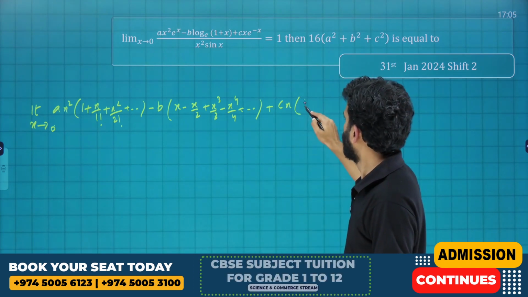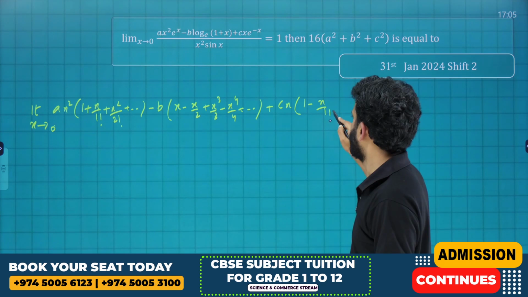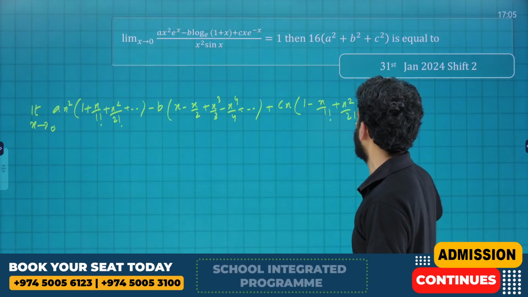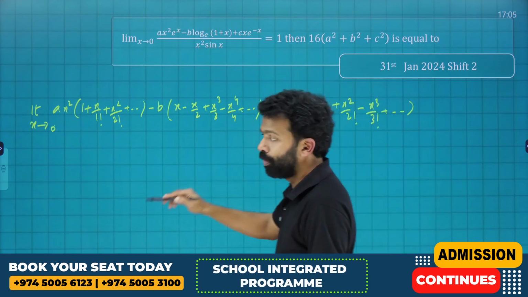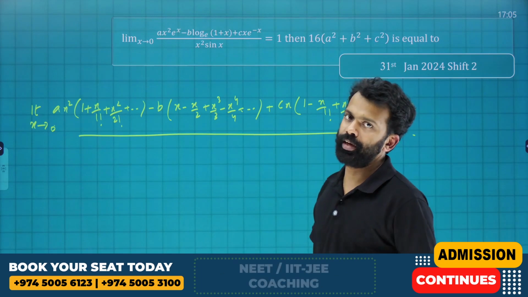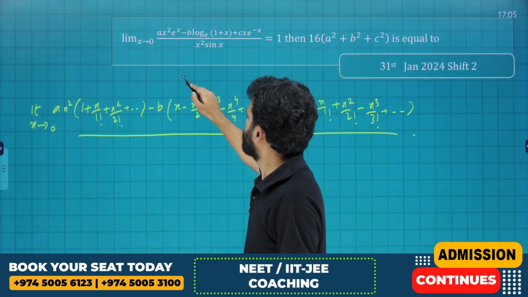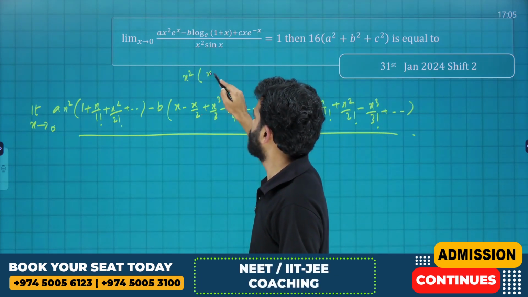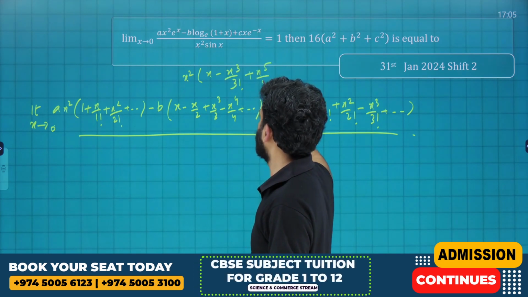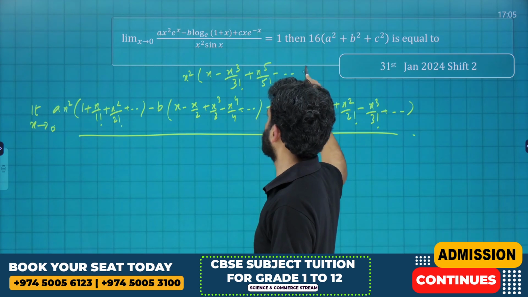Easy one. That is 1 minus x by 1 factorial plus x square by 2 factorial minus x cube by 3 factorial plus etc. And divided by x square into sin x. What was sin x? That is x minus x cube by 3 factorial plus x raised to 5 by 5 factorial minus etc.